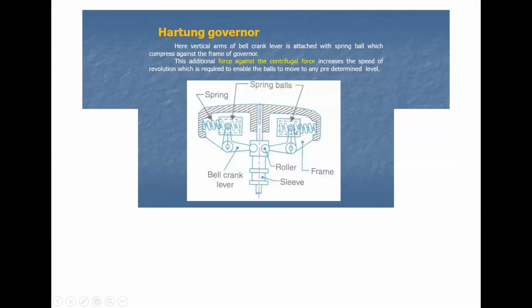What are the parts? It is similar to the earlier one, but additionally we have the springs, and the structure is enclosed with a frame, which is also attached with the springs.